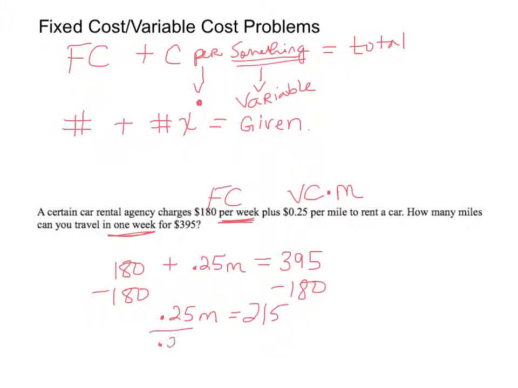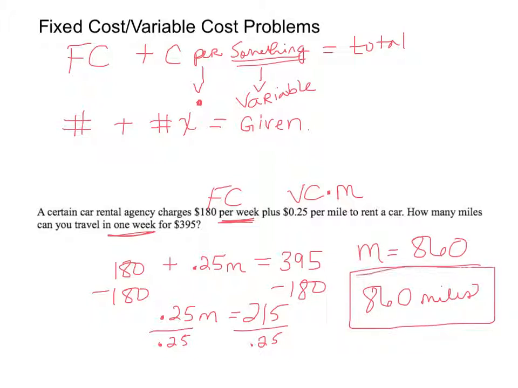If I divide by 0.25, then M is going to equal $860. So M was the number of miles, so I can go 860 miles. What do you think? That one's not too bad.